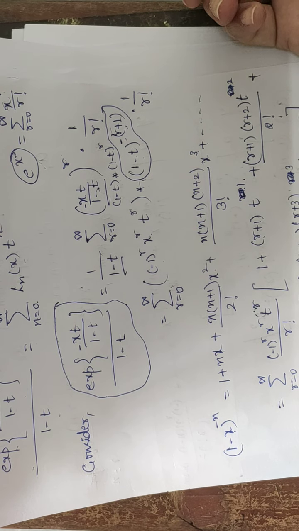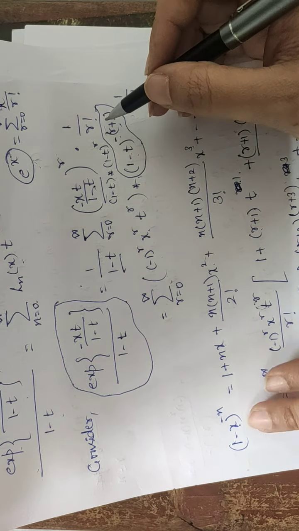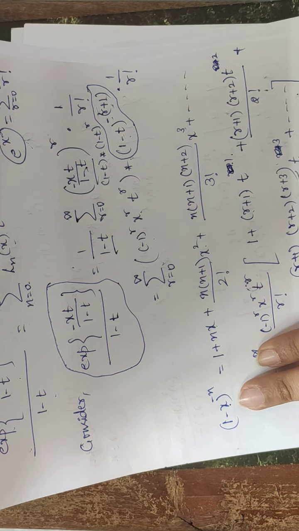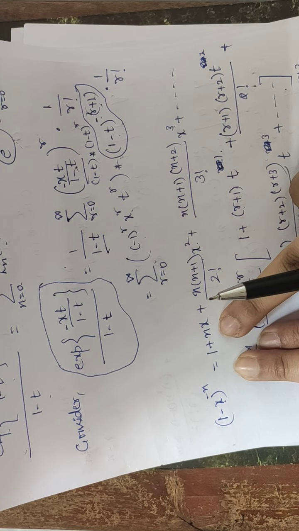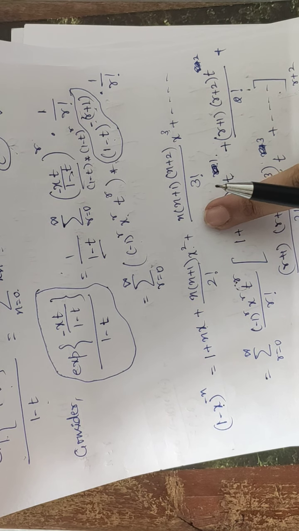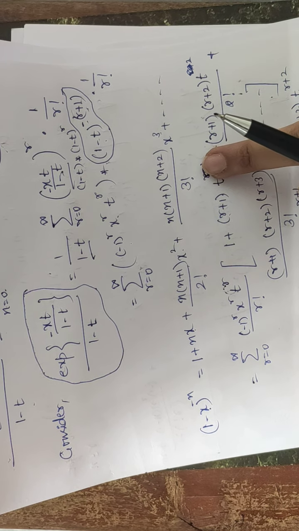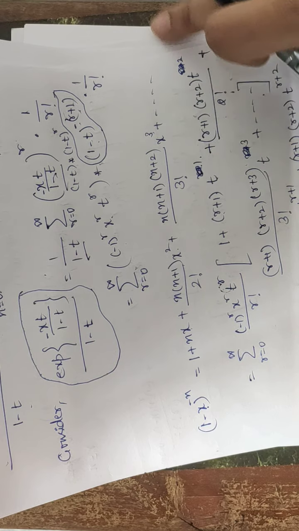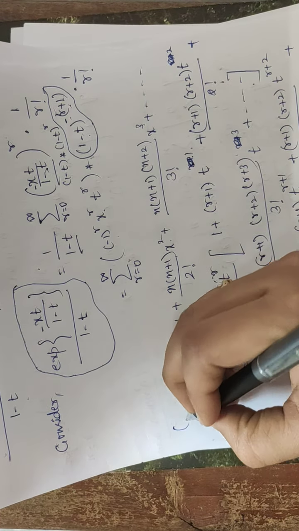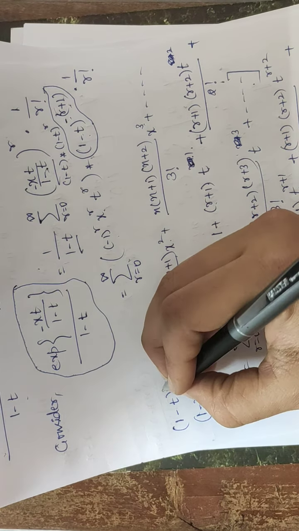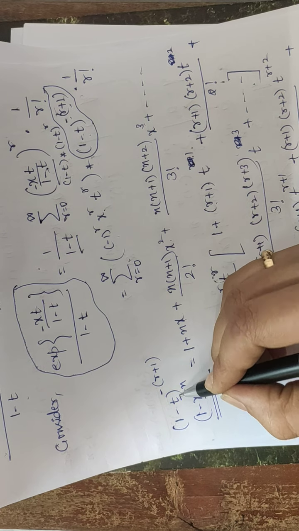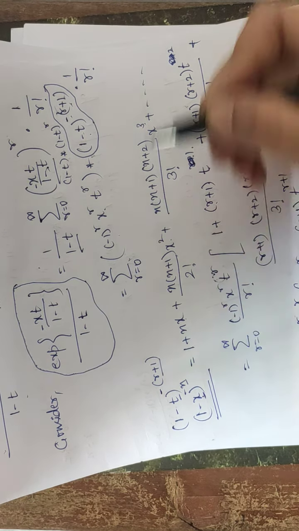Now to this part we are using the binomial expansion of 1 minus x whole power minus n, that is nothing but 1 plus nx plus n into n plus 1 by 2 factorial into x square plus n into n plus 1, n plus 2 by 3 factorial into x cube plus so on, right? So here if you compare this with my expansion, that is 1 minus t whole power minus of r plus 1, in the place of x I have t, in the place of n I have r plus 1.